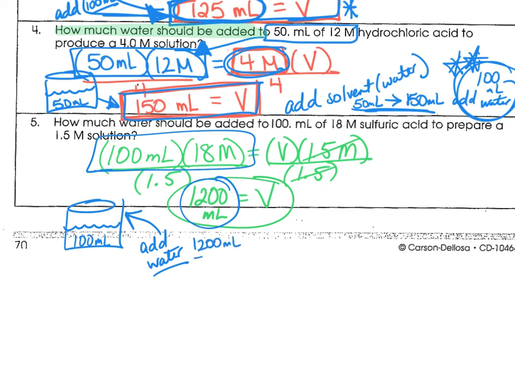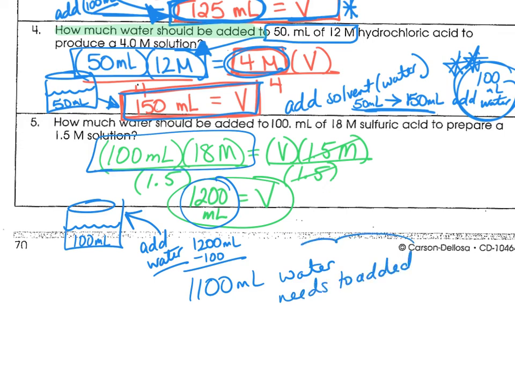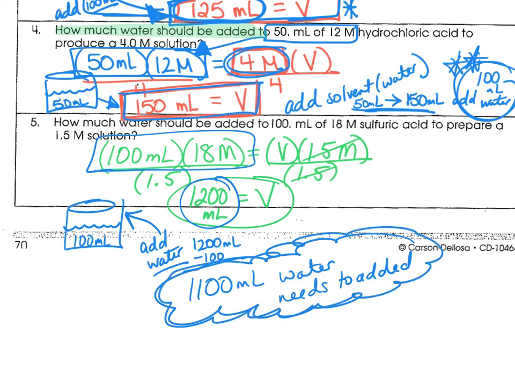So 1200 milliliters minus that 100 that I already have, that means I'm going to have to add 1100 milliliters of water in order to get the solution to the correct molarity. So here is my final answer with that one.